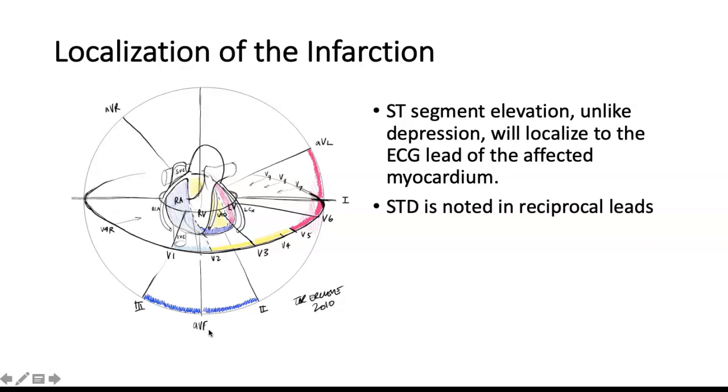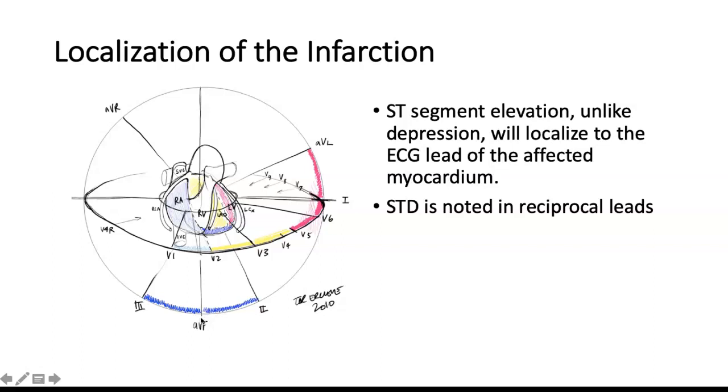Reciprocal leads are those leads 90 degrees from the ST elevation. So for lead 2, 90 degrees is AVL. So we would expect to see ST depression in AVL.